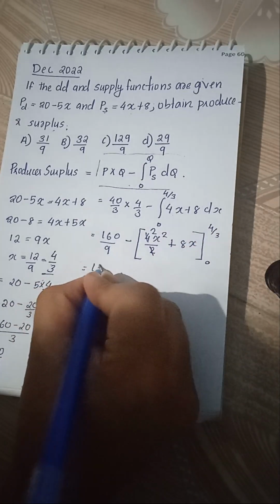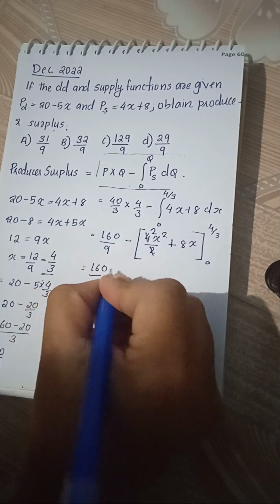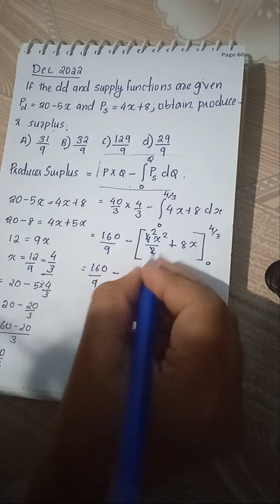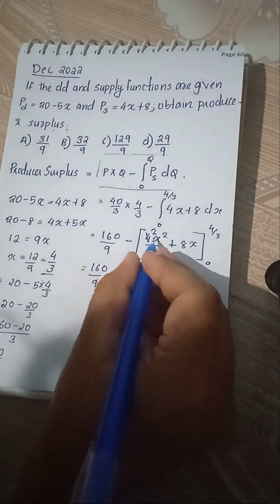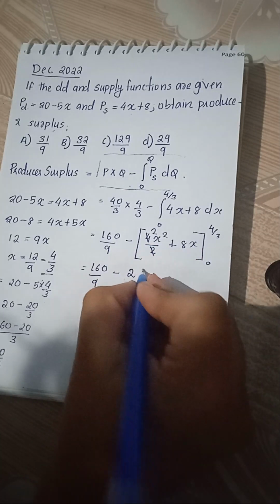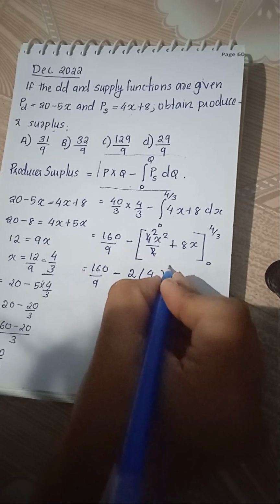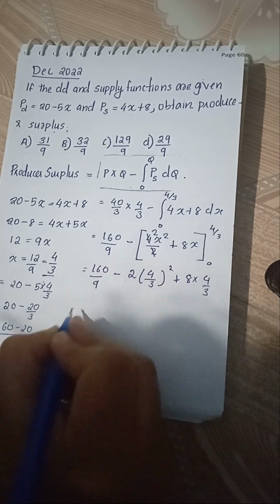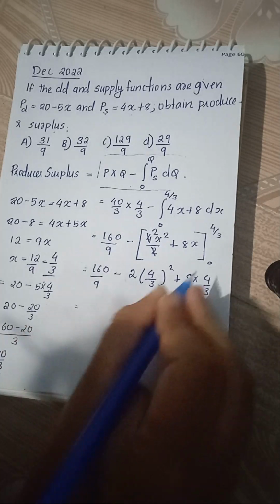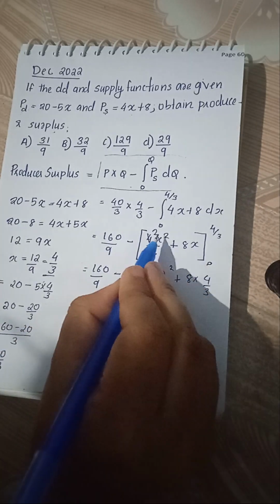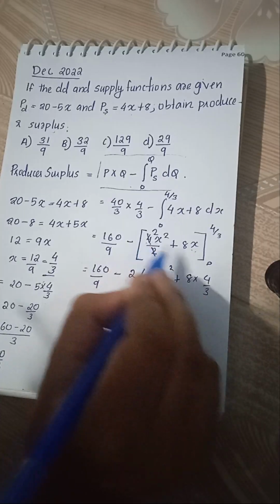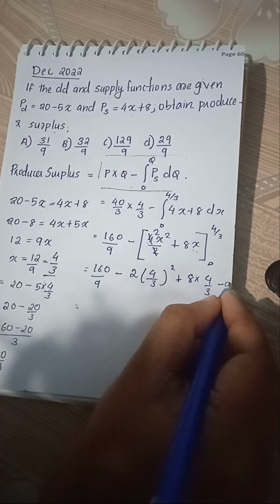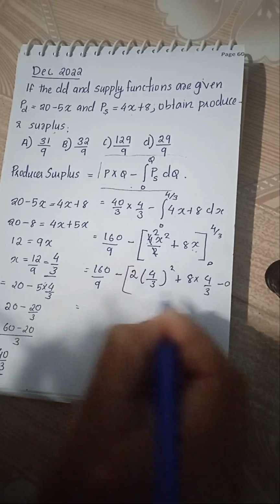Now applying the limit, we get 160 divided by 9 minus 2x square, where we put 4 by 3 in place of x, so 4 by 3 square, plus 8 into 4 by 3. We are not going to add the 0 limit because in both terms it is 0, so it cancels.